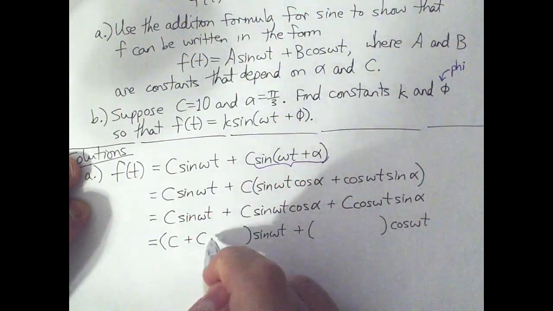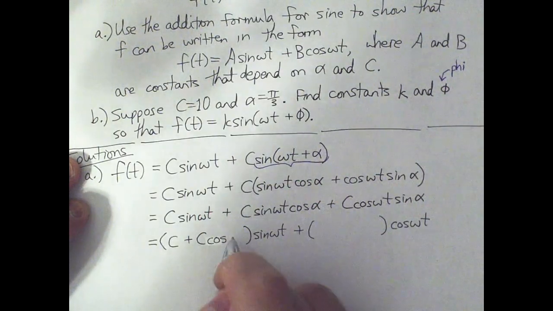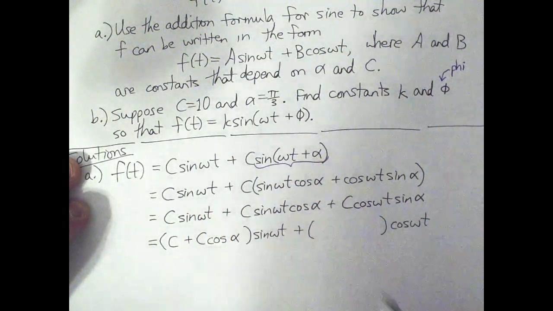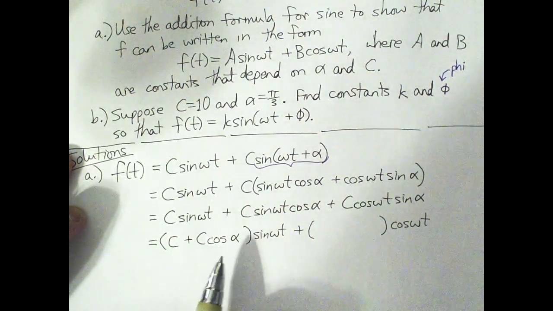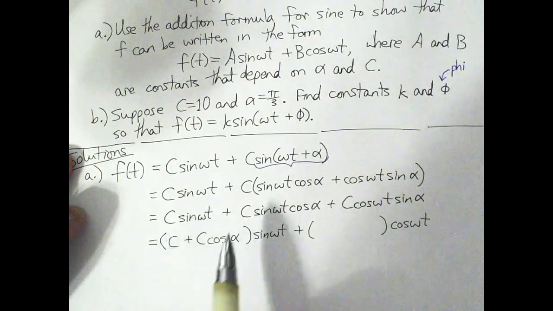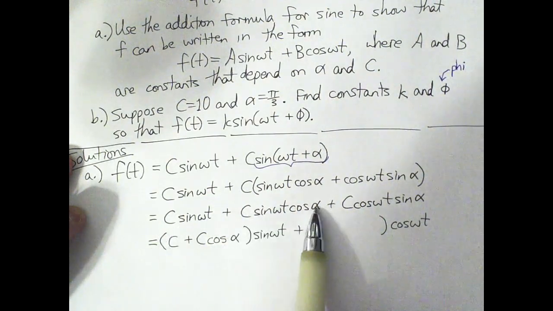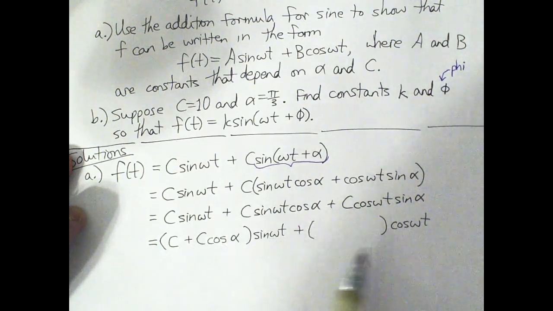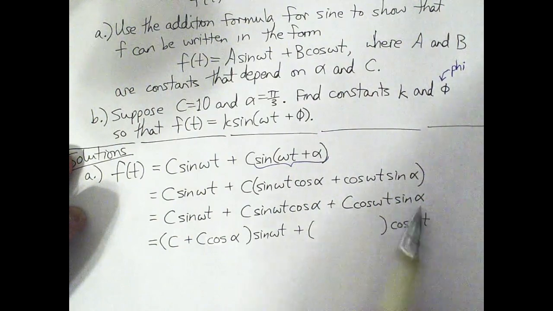C cosine alpha. How does that look? See what I did? I took the c from this term, and I took c cosine alpha from this term. So these two terms together became this. And then what would have to go in front of this would be c sine alpha.